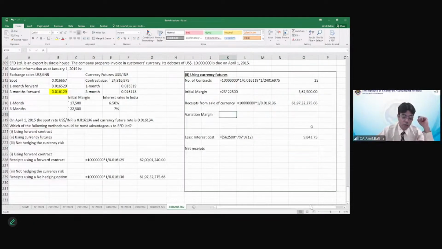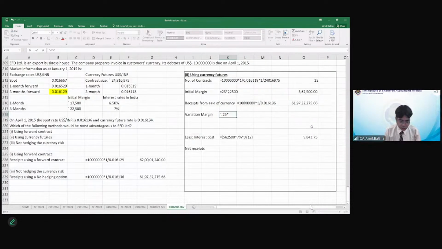All right. Now, what is the difference? How do we go about computing this? I have 25 contracts on which whatever is the variation will be there on each of the 25 contracts. Am I right?